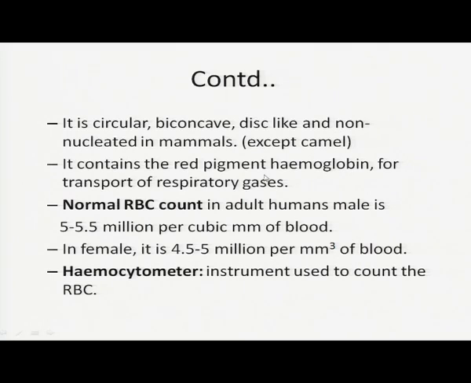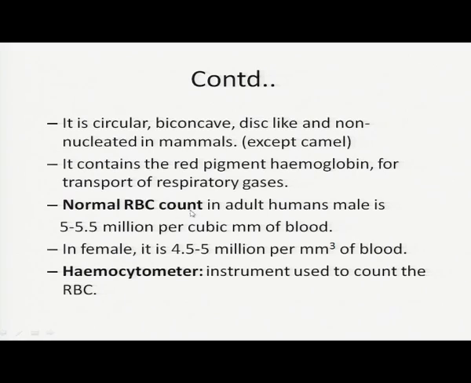It contains a red colored pigment, hemoglobin, which contains two parts, heme and globin, the iron part and the protein part. They are meant for transport of respiratory gases, carbon dioxide as well as oxygen.